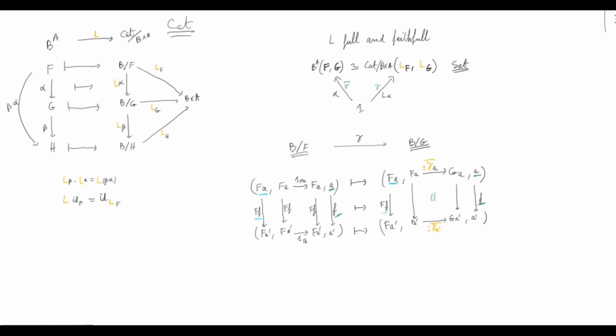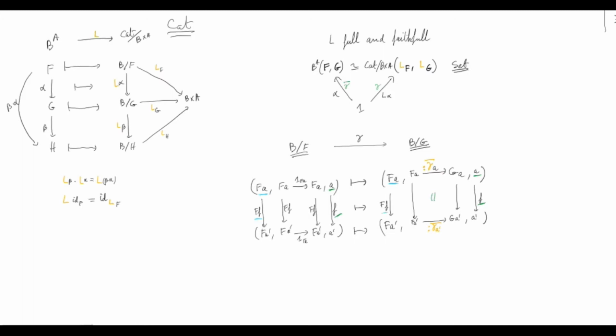And so the resulting square, f of a to g of a through gamma bar a, then g of f will be equal to gamma a prime bar f of f. So we have indeed a natural transformation gamma bar.